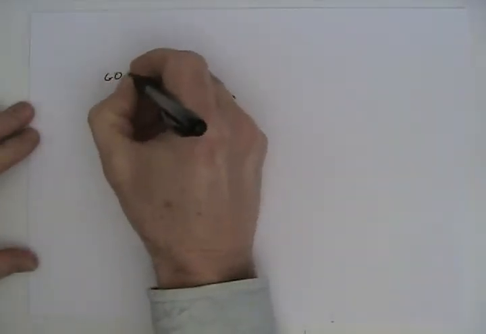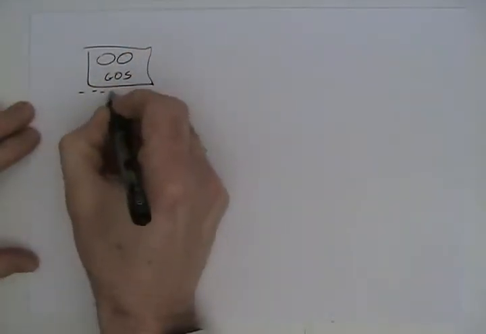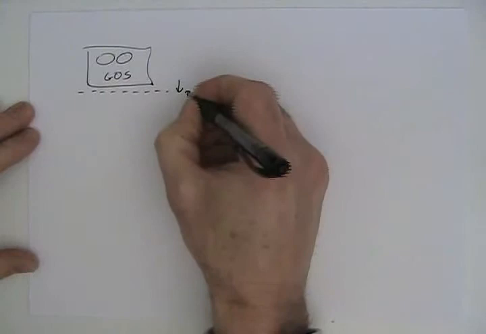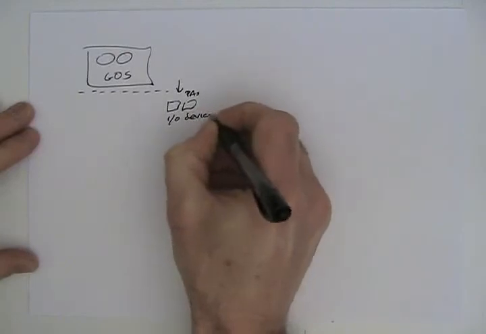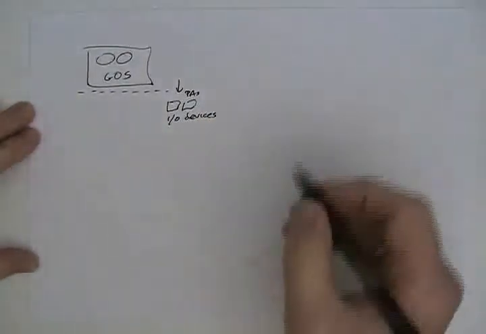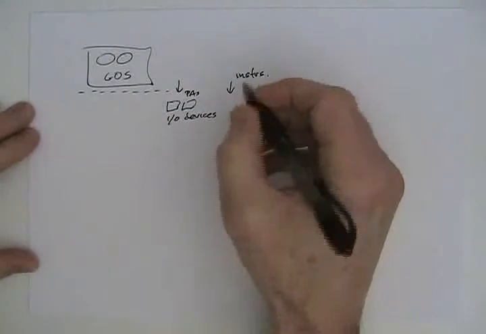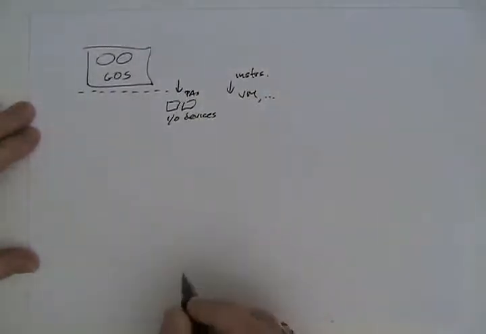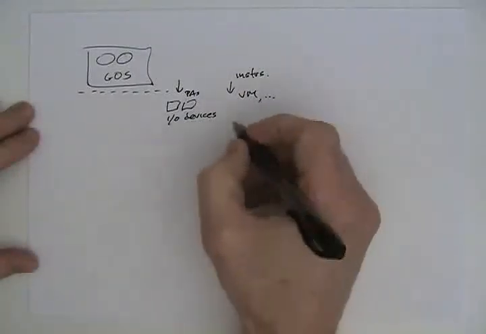Essentially, if you have a guest OS and it has processes in it, the interface that it sees with the hardware is that certain physical addresses correspond to I/O devices, certain instructions manipulate virtual memory, and so on. There's also exception handling.